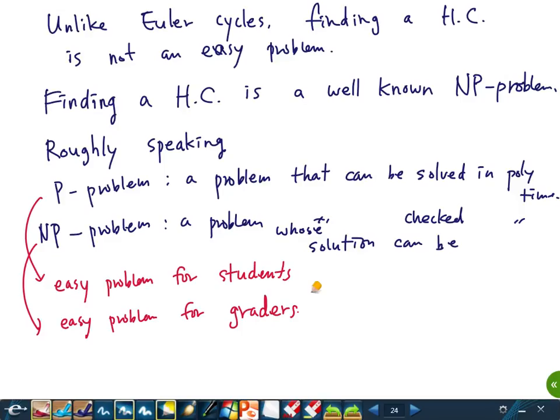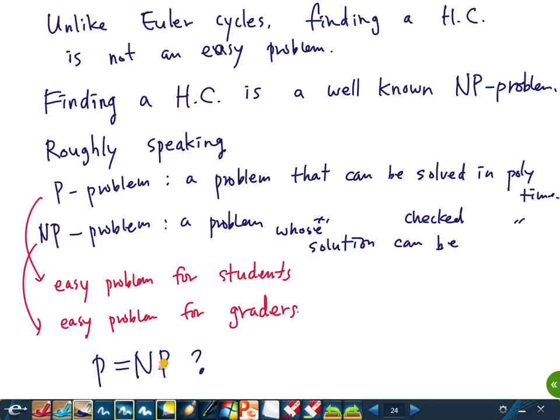And a very famous open problem in computer science is whether P equals NP. No one was able to say that this is correct or not. Maybe they seem different, but we don't know yet whether they are the same or not.